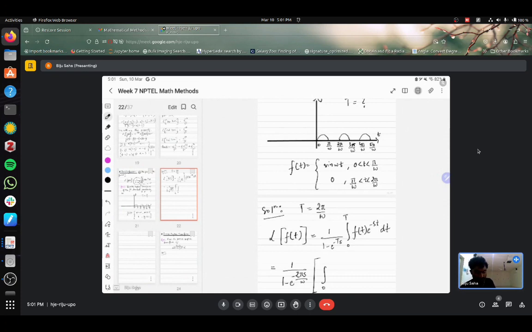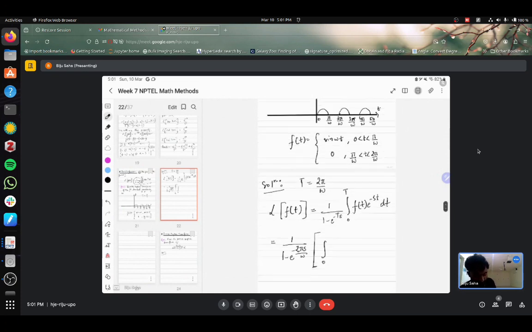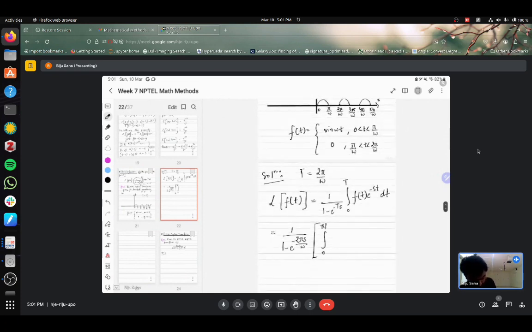Your function has two definitions. For the first part, 0 to pi by omega, it is equal to sine omega t. For the next part, it is 0, so you don't need to carry out the integration there.